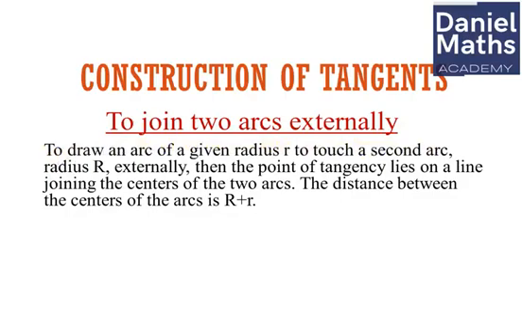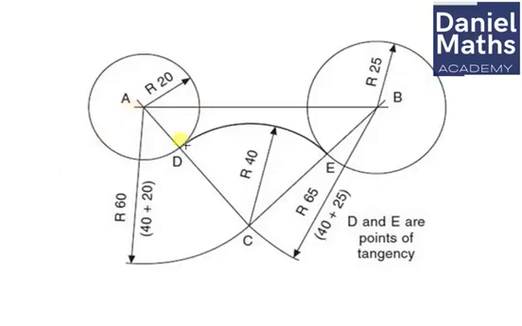We know the radius of the arc, and we know the radius of the two circles. This is circle A and this is circle B. The radius for the first circle, circle A, is 20. The radius for the second circle, circle B, is 25. The radius of the arc is also given to us as 40.